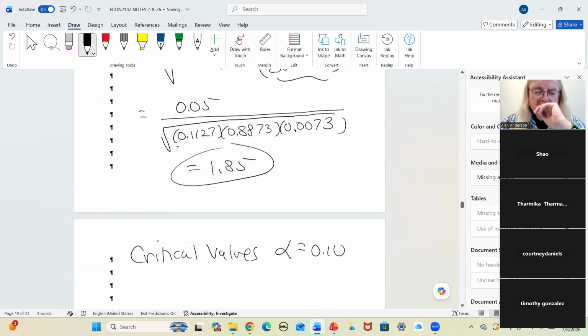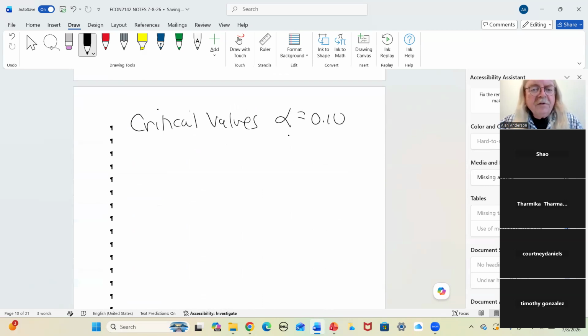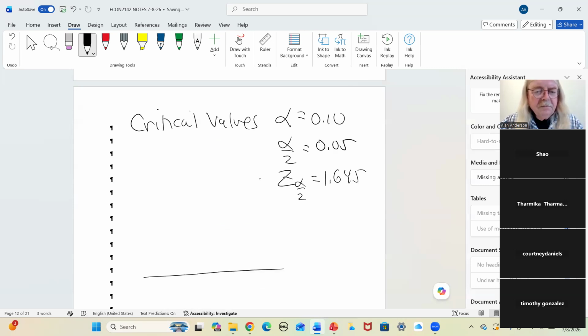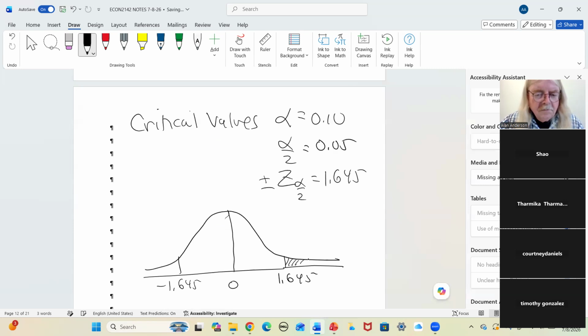Of course, that means alpha over 2 is 0.05. And of course, we did this for the confidence interval, and we discovered it to be 1.645. So this is my rejection region.